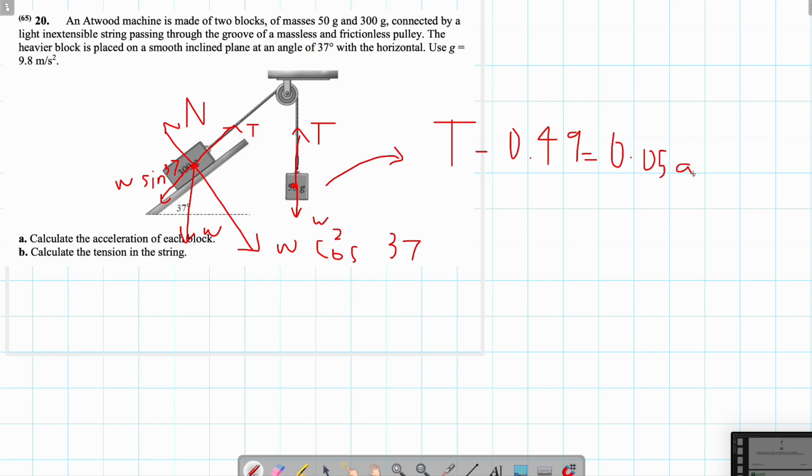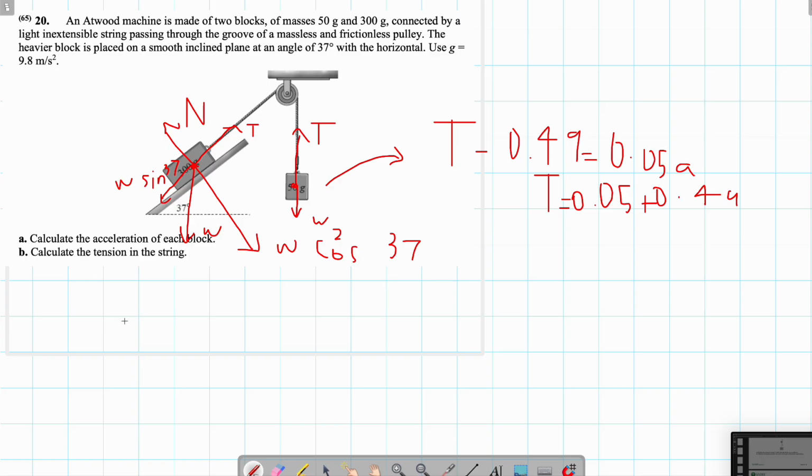You take 0.49 to the other side, you get T is equal to 0.05A plus 0.49, and now we're going to substitute it here as well.